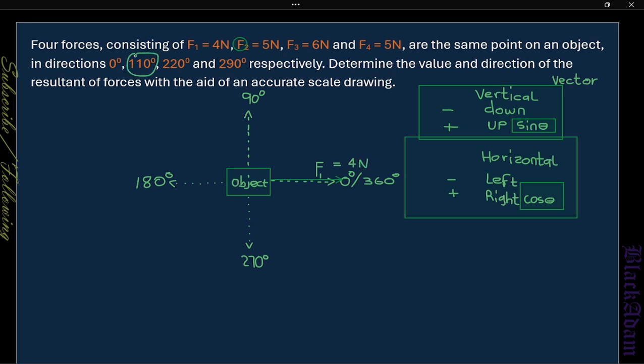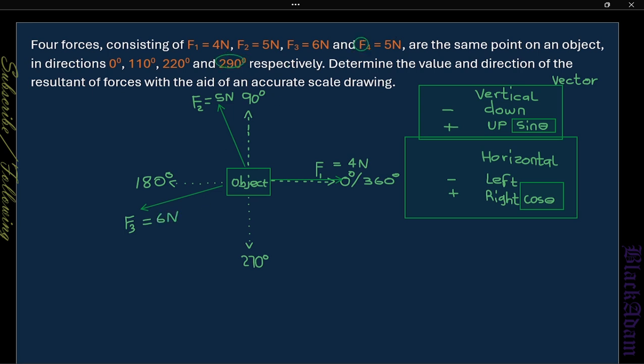And then F2 is 110 degrees, so 110 degrees should be somewhere there. That's F2, 5 Newton. The third one is 220 degrees, somewhere there. That's going to be F3, which is 6 Newton.